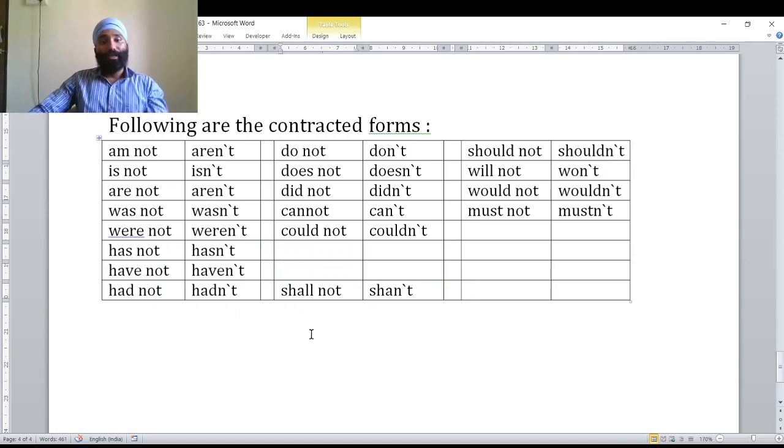These are the contracted forms of the helping verbs. You have to copy and remember them. Pause the video, copy them. Now come to the exercise.